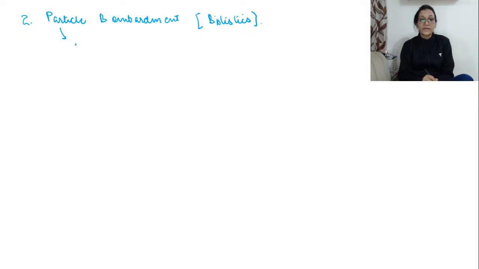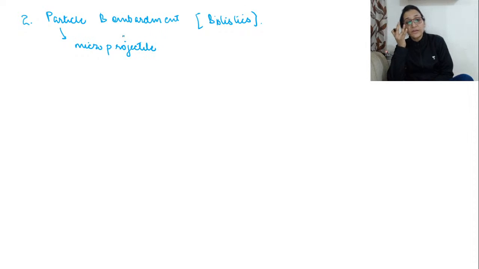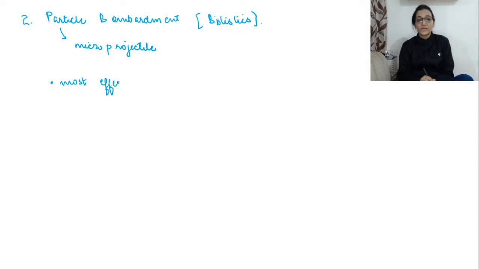Instead of particle, it can also be called micro projectile. And this is the most effective method of gene transfer. We should mention here that this is the most effective method of gene transfer, and it is highly used for the formation of transgenic plants.